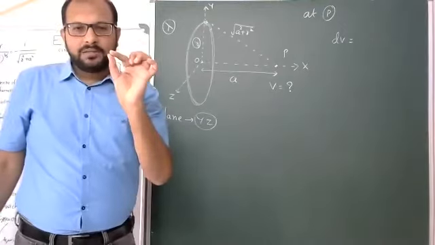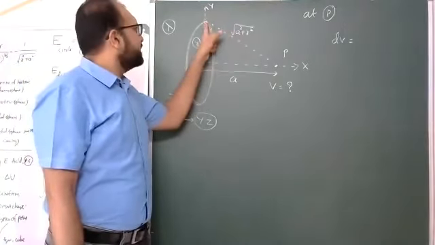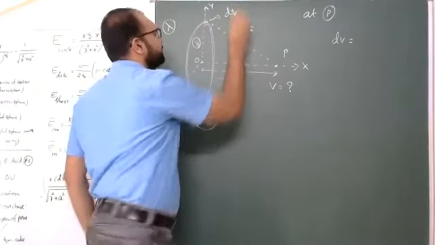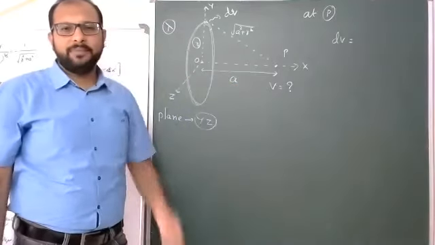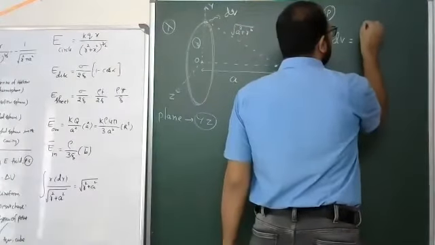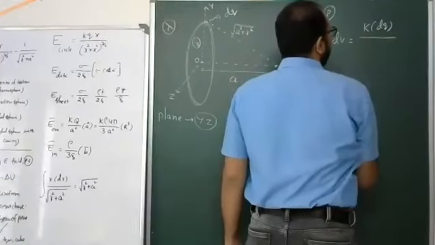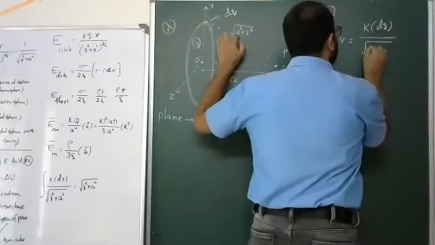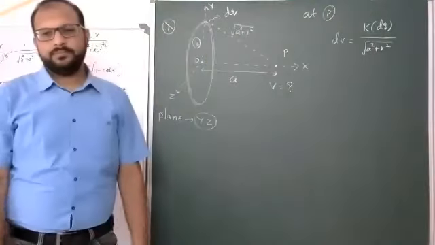Due to this strip, charge dq, the potential I am taking dV. So dV equal to k into dq divided by this distance, root over a square plus r square.